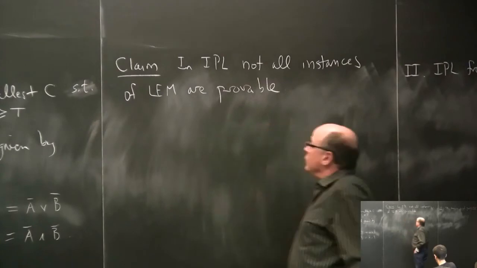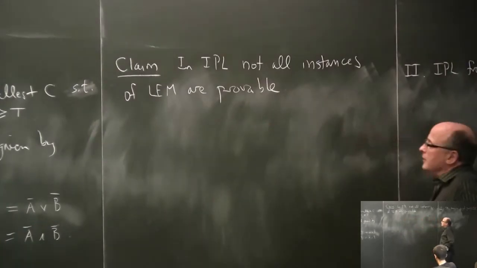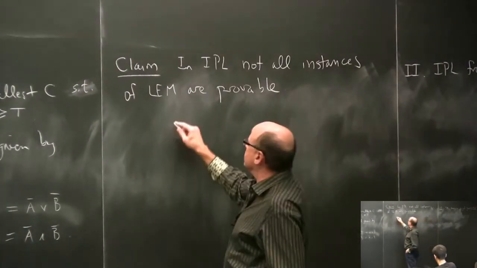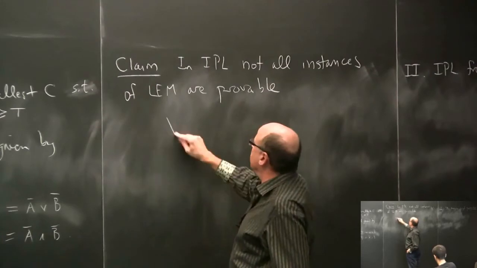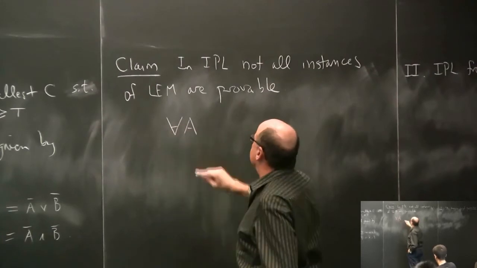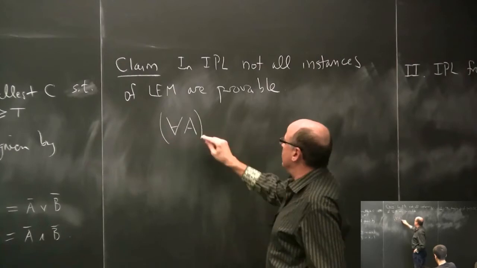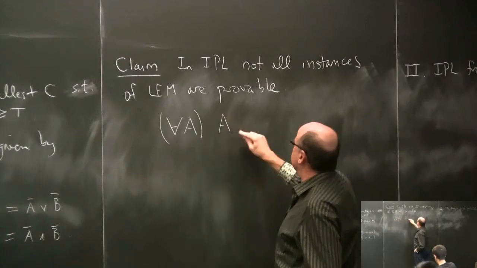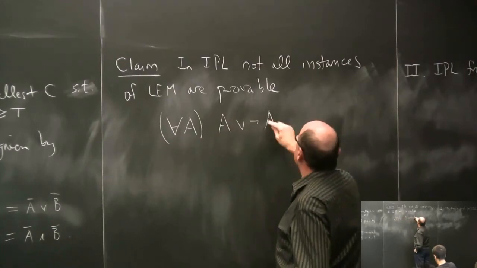So you cannot expect in general, for generic A, that for every A, A or not A holds. I'll just put this in parentheses here because I haven't defined exactly what that means. You cannot expect this to be true.